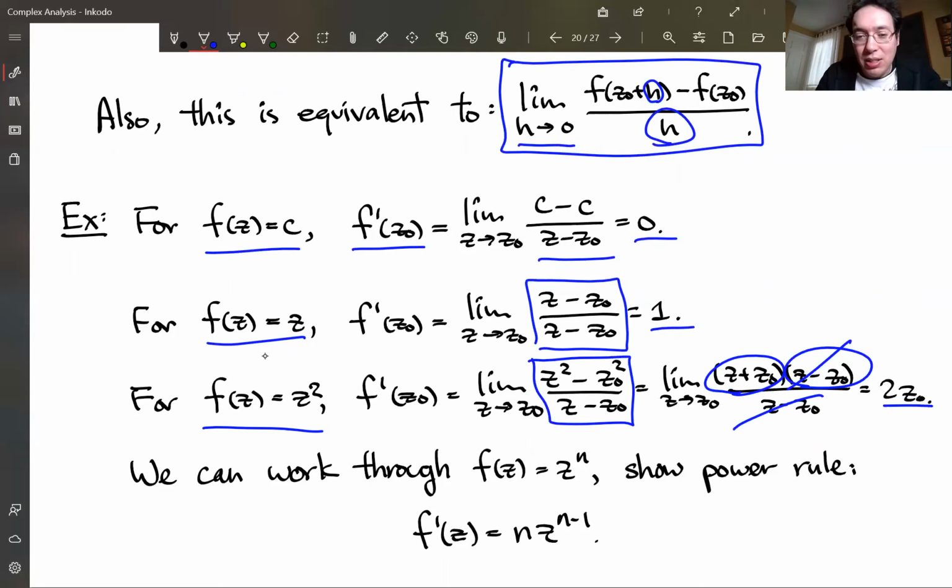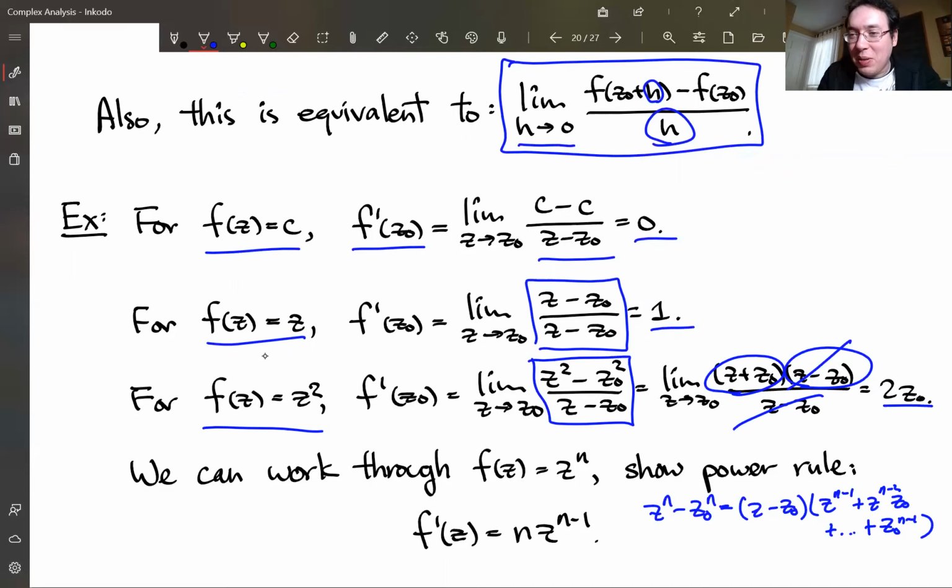In fact, you could get the power rule here. You could prove it exactly the same way. You just have to know that z^n minus z naught^n factors into z minus z naught, which could be canceled from the denominator, times z^(n-1) plus z^(n-2) z naught plus dot dot dot plus z naught^(n-1).